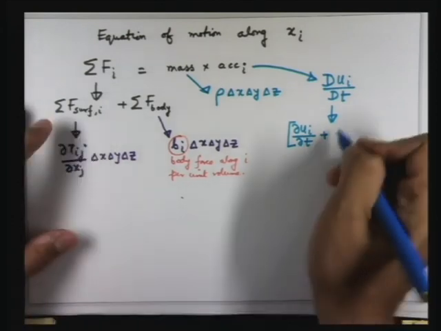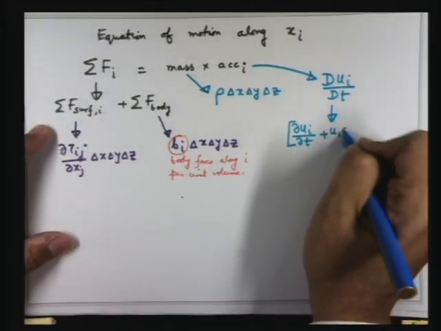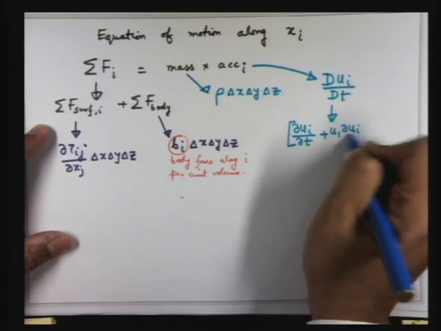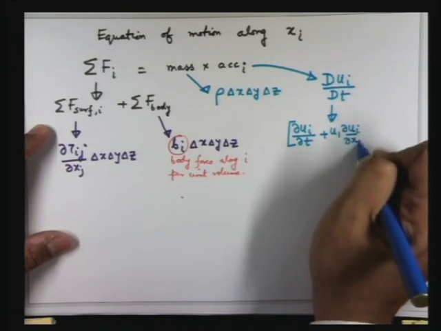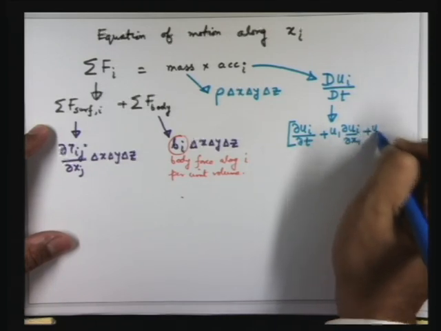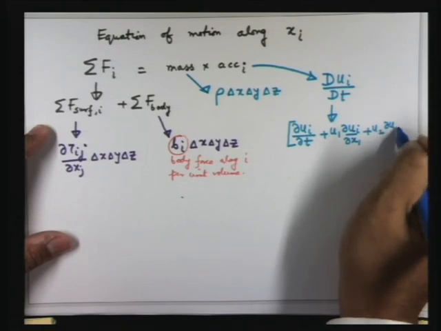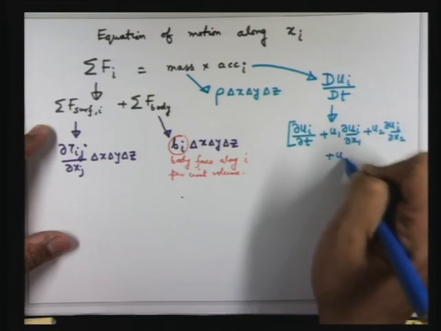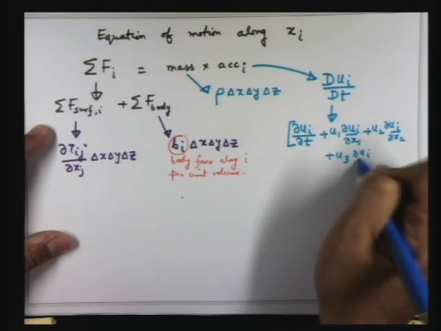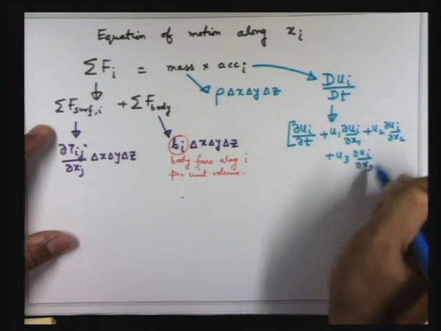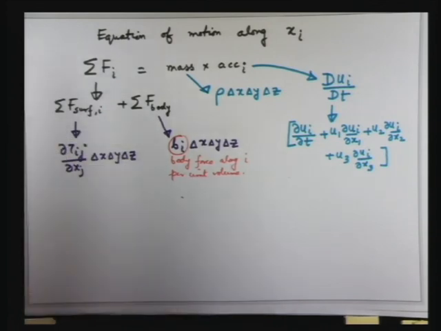So u1 del ui del x1 plus u2 del ui del x2 plus u3 del ui del x3. Okay.